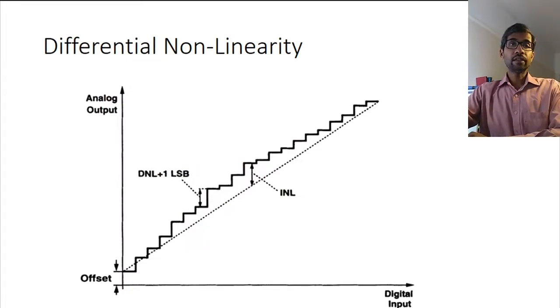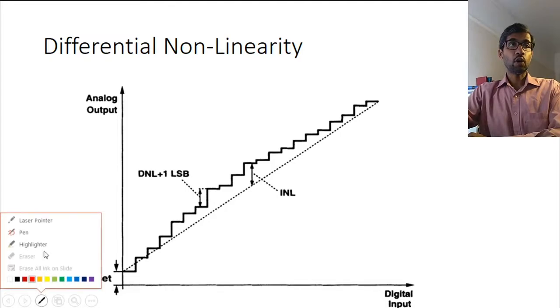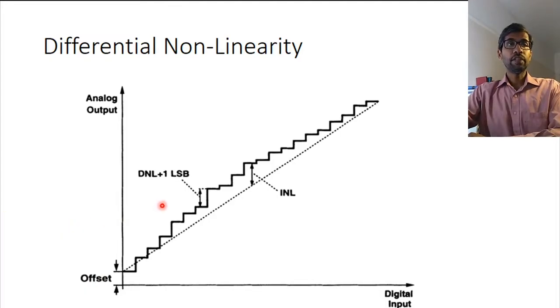The first metric I want to talk about is differential non-linearity. But before we talk about the metric itself, let me help you see what this graph is. On the x-axis, we have the digital input. On the y-axis, we have the analog output. And this dashed line is the ideal curve between the digital input and the analog output.